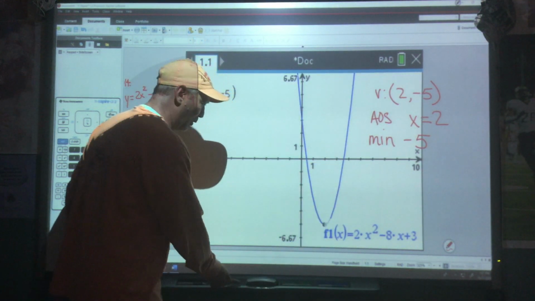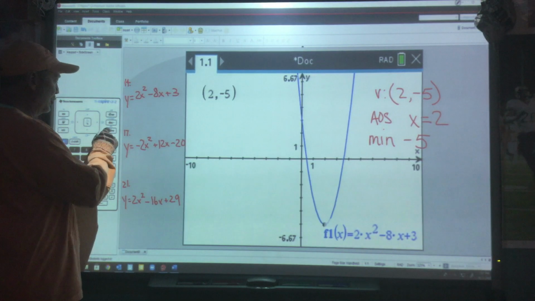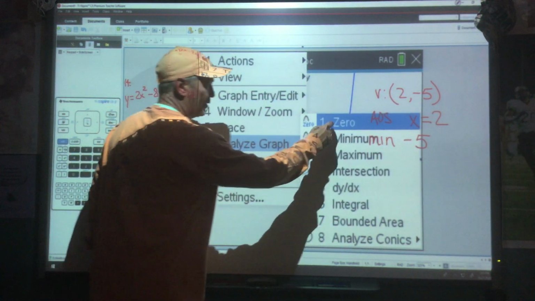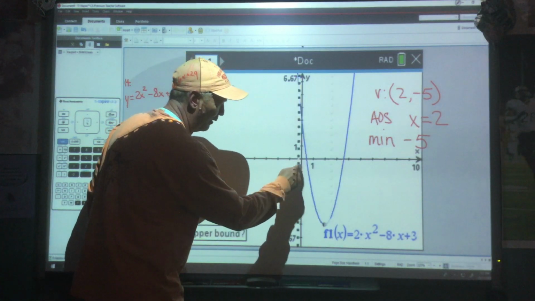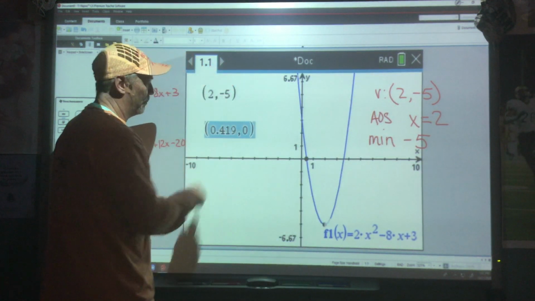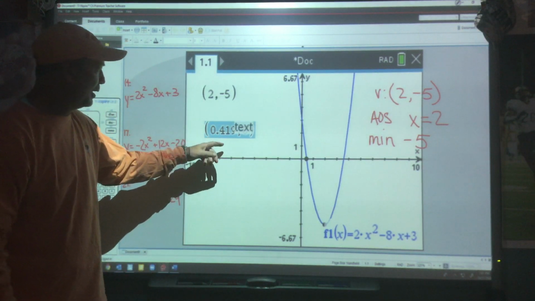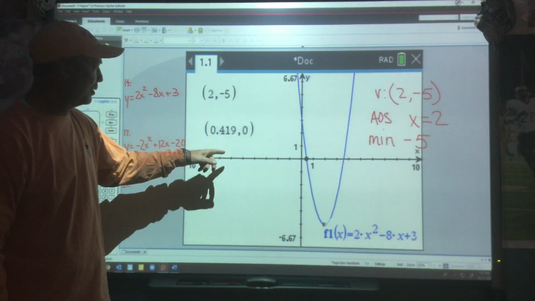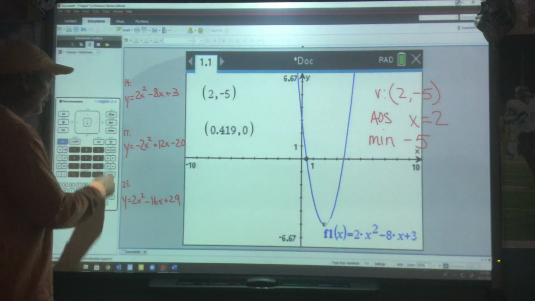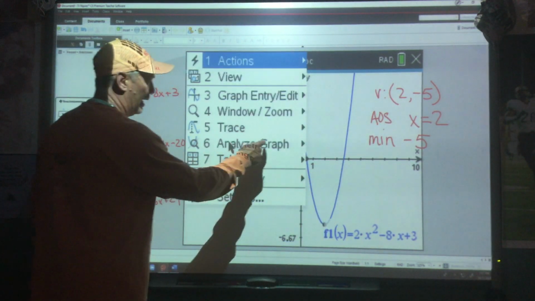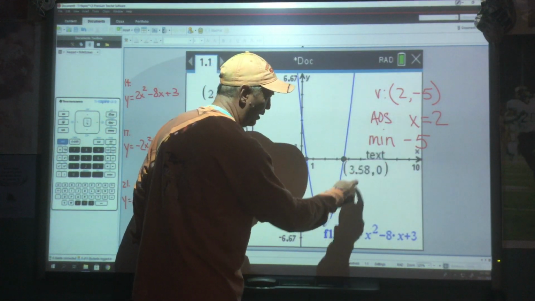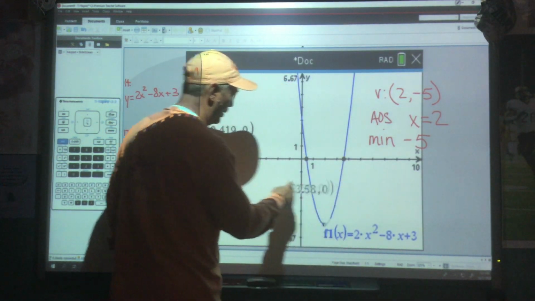All right, so here's the way we're going to do this. We're going to say menu, analyze. We're going to look for a 0, and we're going to go to the left, to the right, and that tells me we're right here. There's one of them. I'm at 0.419, comma 0. We're going to find this other guy: menu, analyze, 0, to the left of it, to the right of it, and there is my other one.